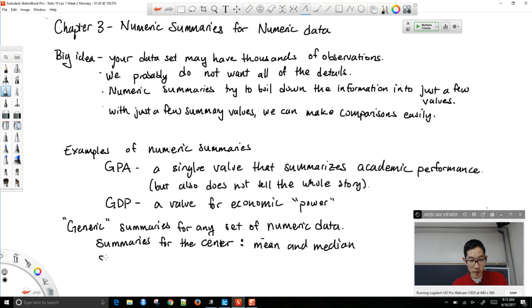Okay, and then summaries for the spread, which will be the IQR and the standard deviation. I should write that the other way around. Standard deviation and IQR.